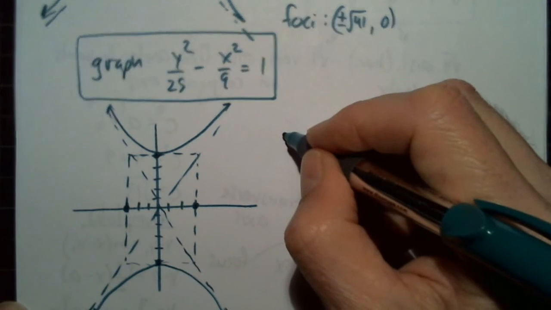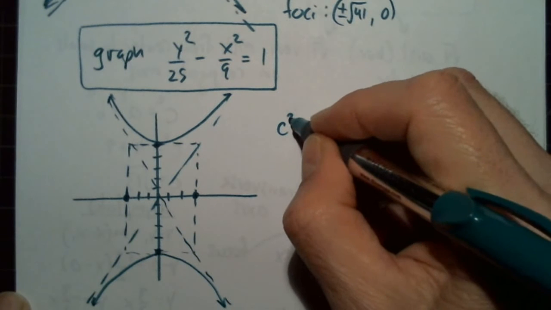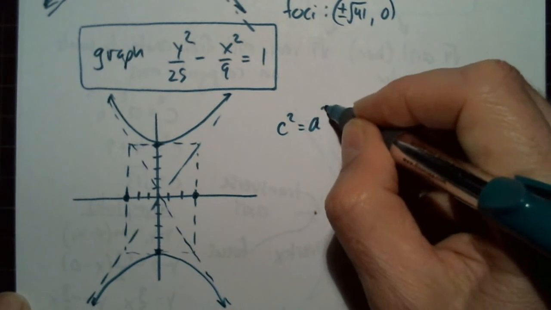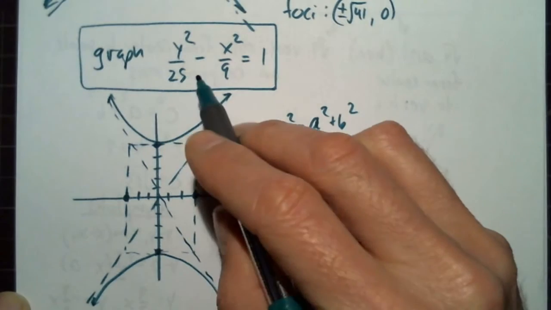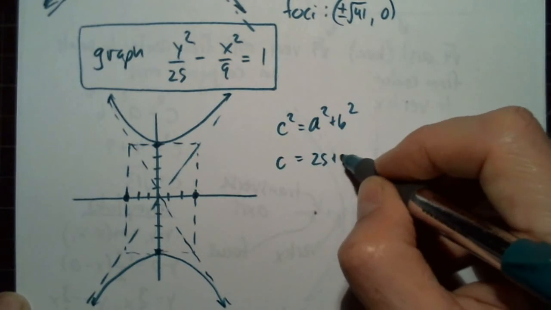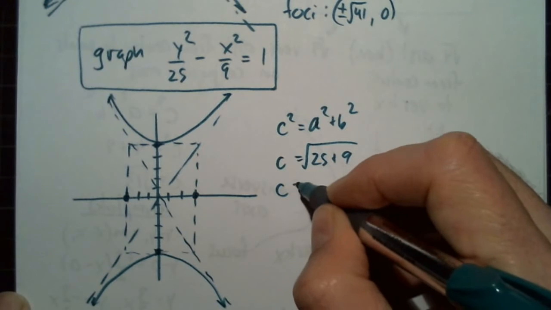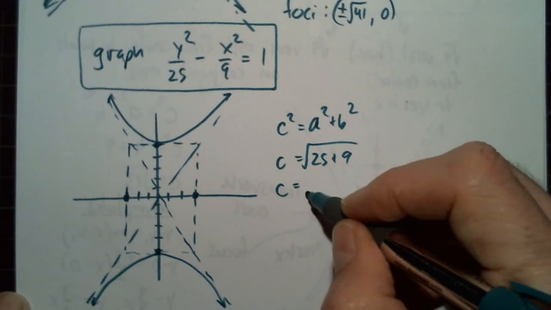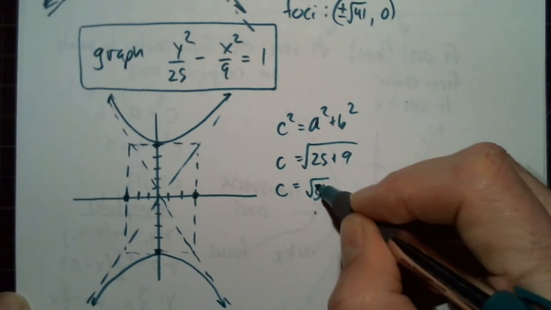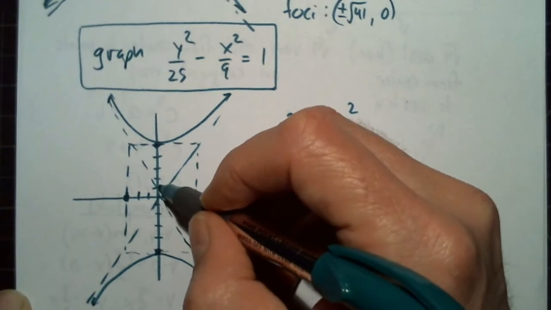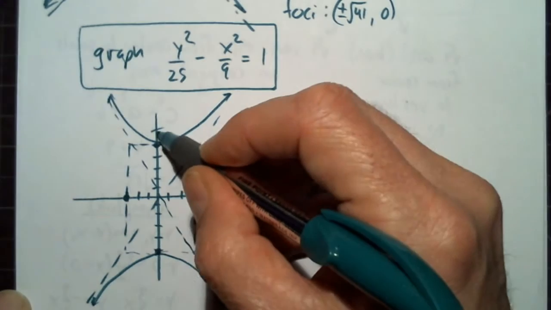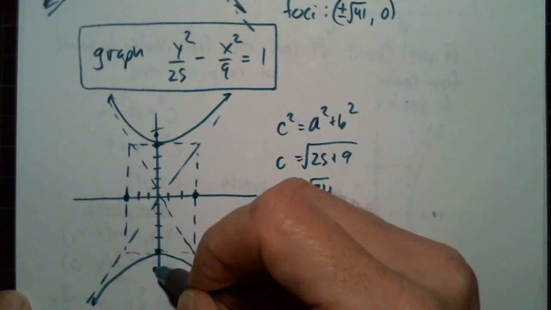And we can find the distance to the foci. That's a squared plus b squared, 25 plus 9, square root of 34, so that's almost 6. 1, 2, 3, 4, 5, 6, almost 6.